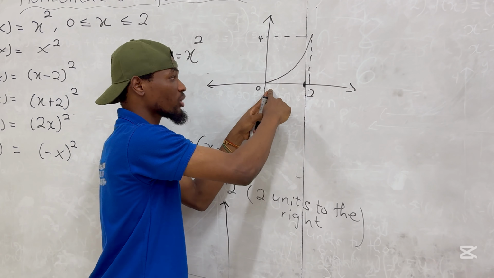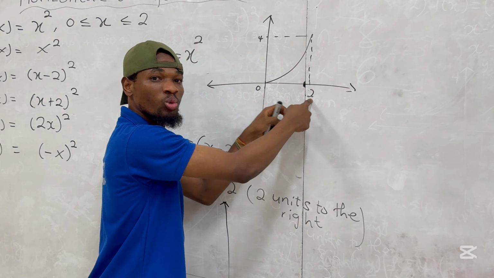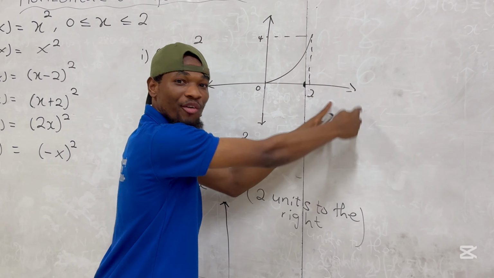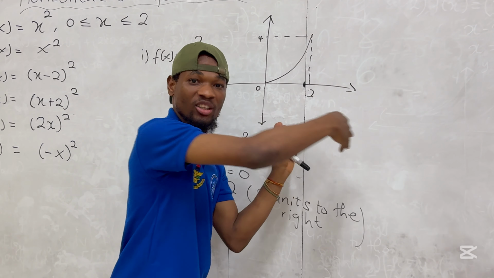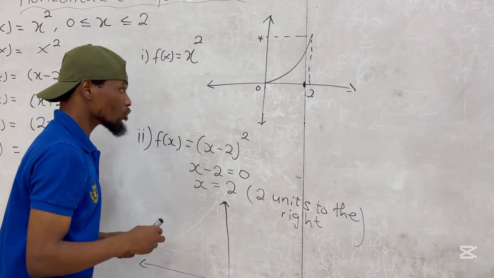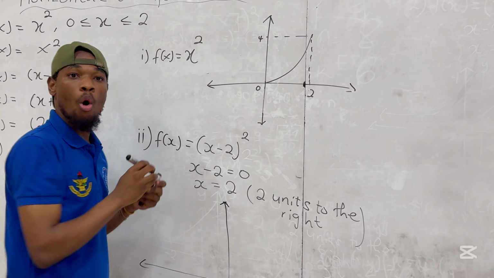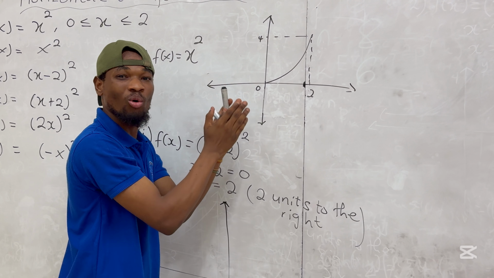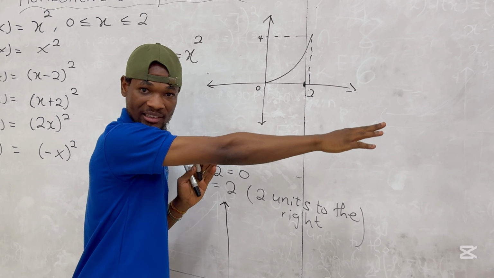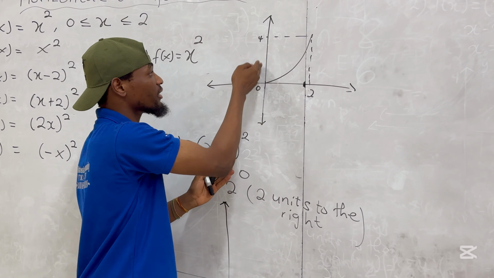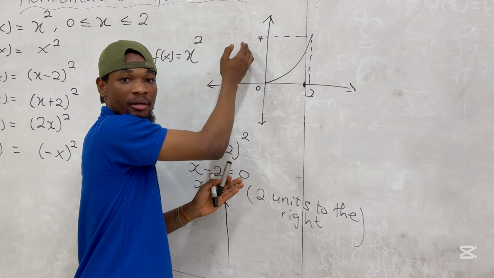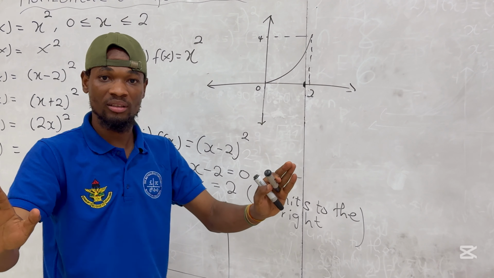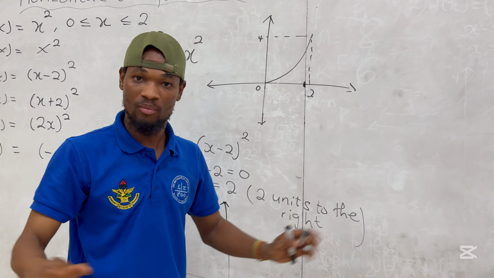So from 0 to 2, then from 2 to 4, from 4 to 6, in that manner. For horizontal transformation, we are going to focus on the x-axis only. The vertical axis remains constant, no effects.